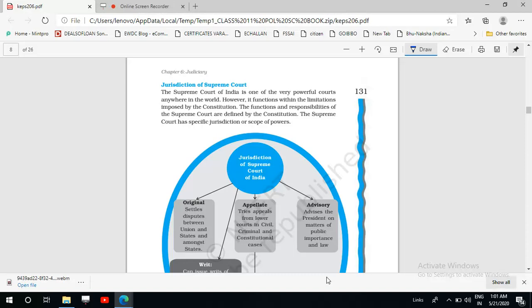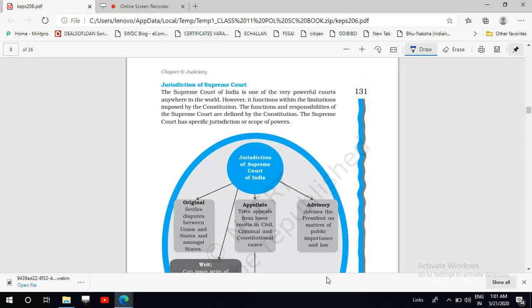Supreme Court of India is one of the most powerful courts in the world, and it's not that it has unlimited power. It has powers which are limited, and these limitations are put by the constitution, not by any organ of the government.